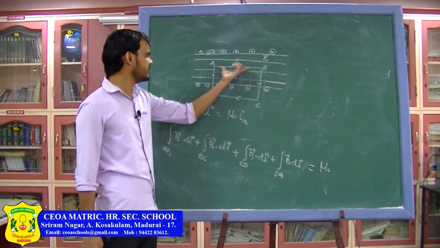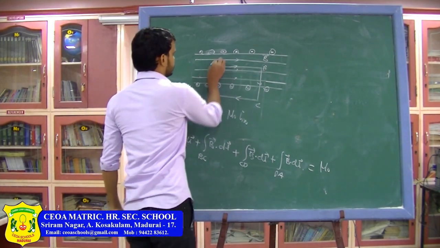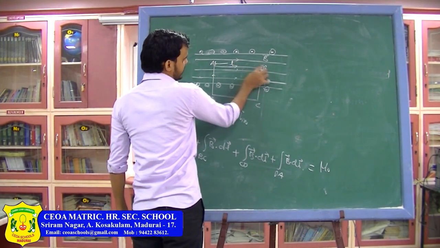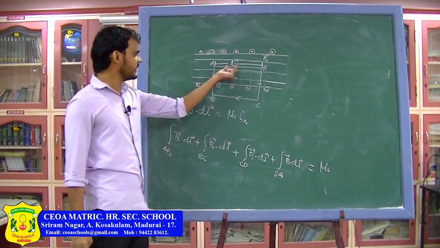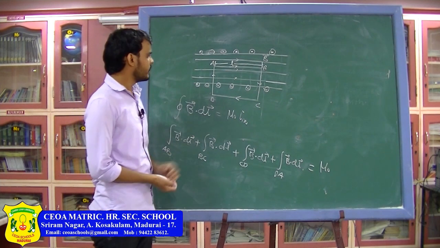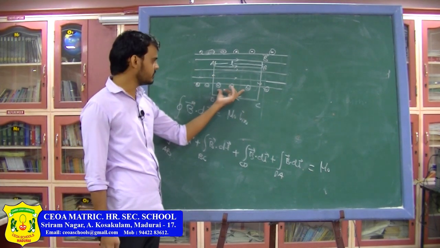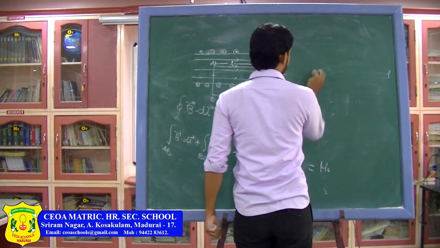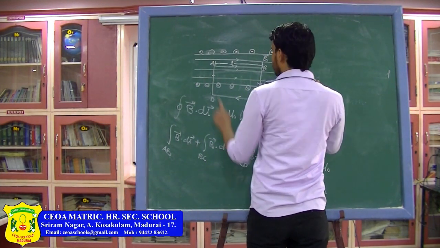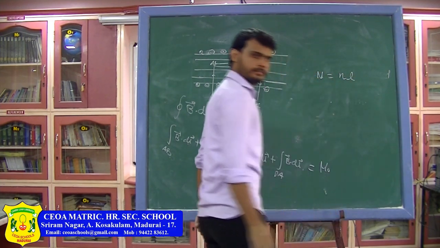So what I am going to do is assume this length of the rectangle is smaller. Here the length of this one is small l, and the total number of turns can be written as N into l. So the number of turns inside this loop will be N into l.